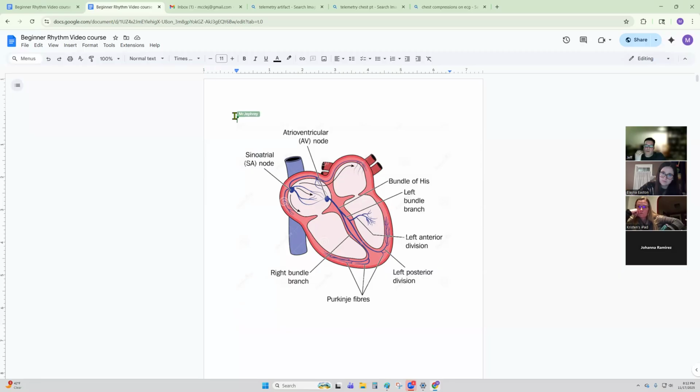So with bundle branch blocks, what's happened is there's been some sort of damage, and let me back up. The bundle branches are electrical pathways for the impulse to go down to make the ventricles contract in a very unified, regular contraction, right? It's a very synchronized little contraction.